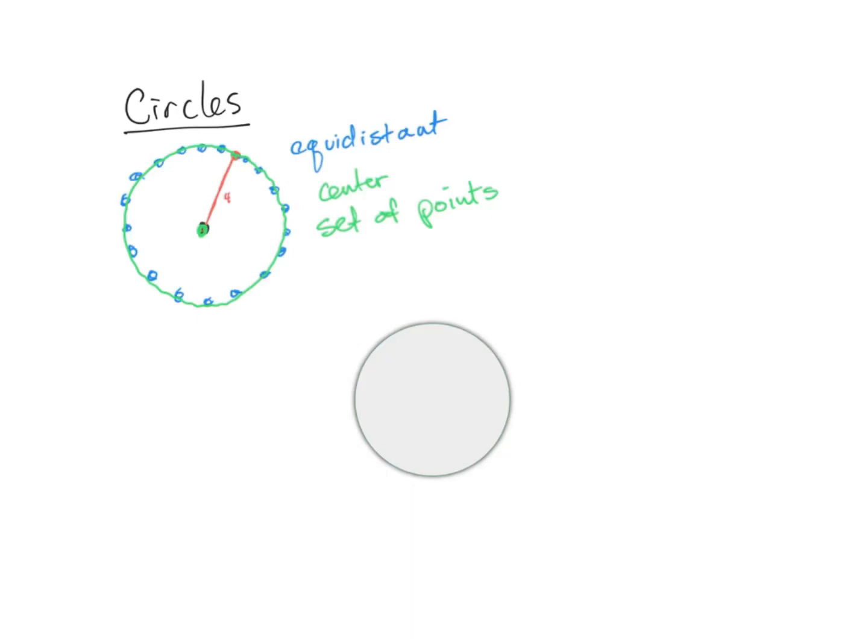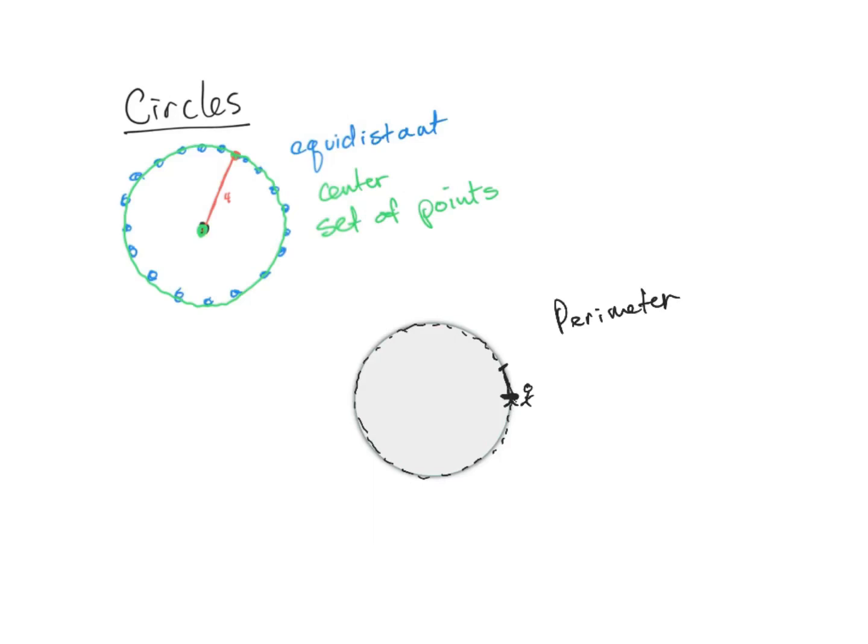One being, if I took a student and I put them here and told them to walk the boundary of this circle and return back to its origin, basically I've had this student walk around the perimeter of this circle.